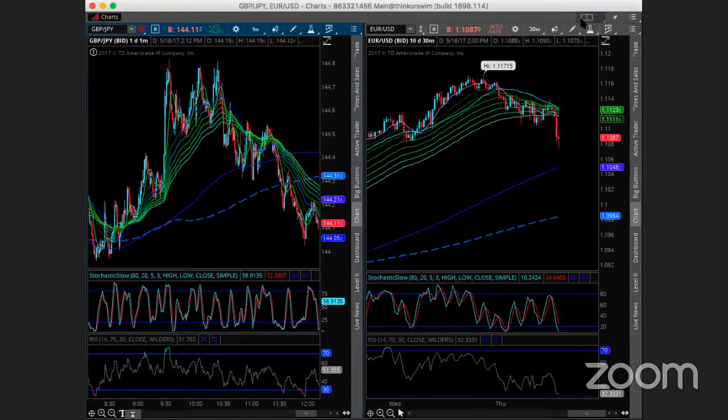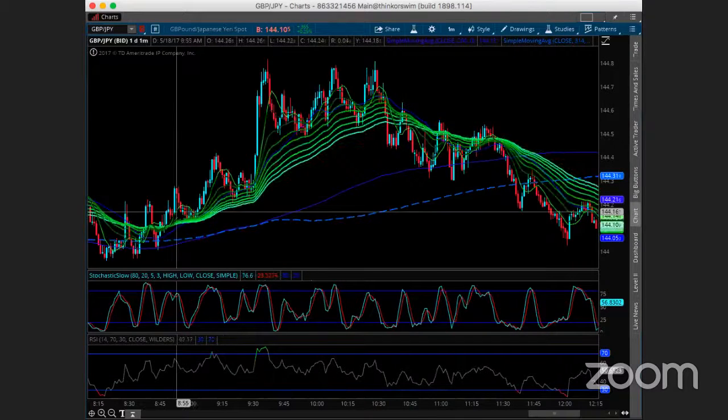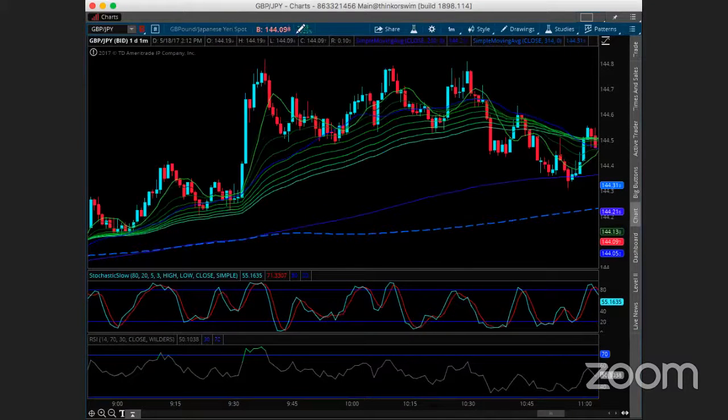Here, let me move to one screen. Is that better for you guys? For those of you that are just coming in, does everybody hear me okay? Yes, you can see the screen. I'm going to move to one screen.